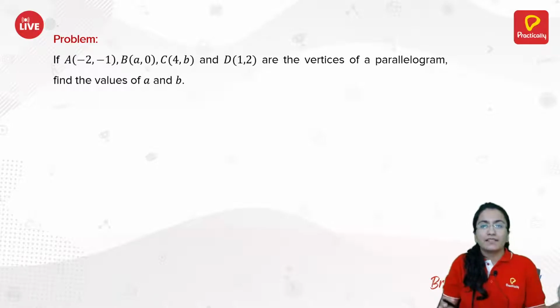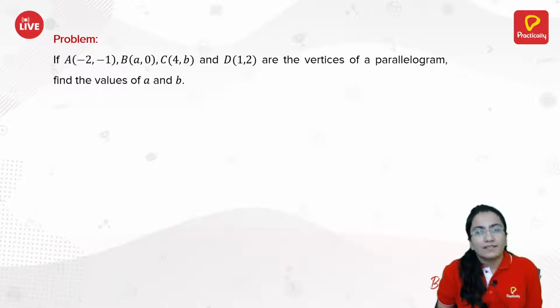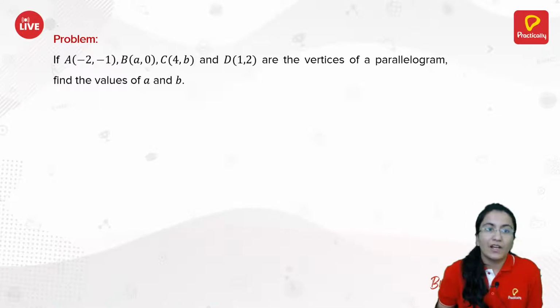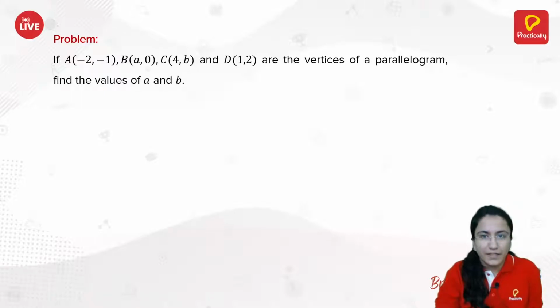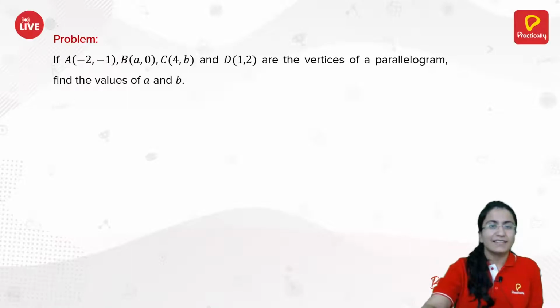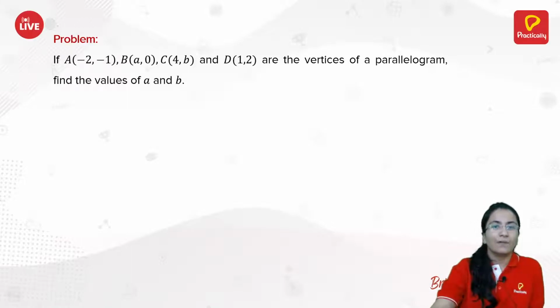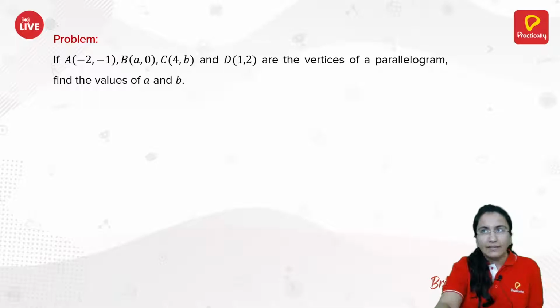This time it is given to you that these are basically the vertices of a parallelogram. Now you need to find the values of a and b. How will you find the values? Is there any specific property of diagonals or sides of a parallelogram?